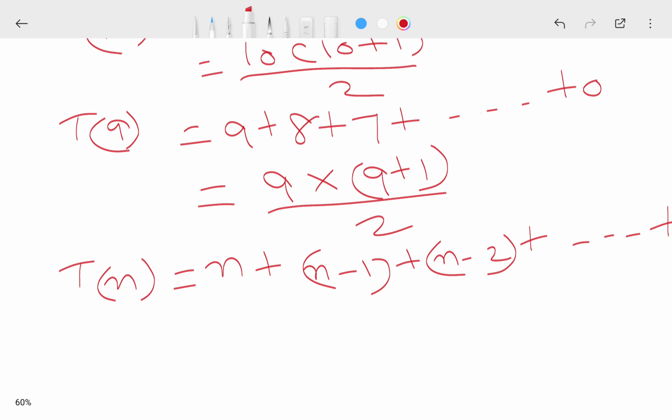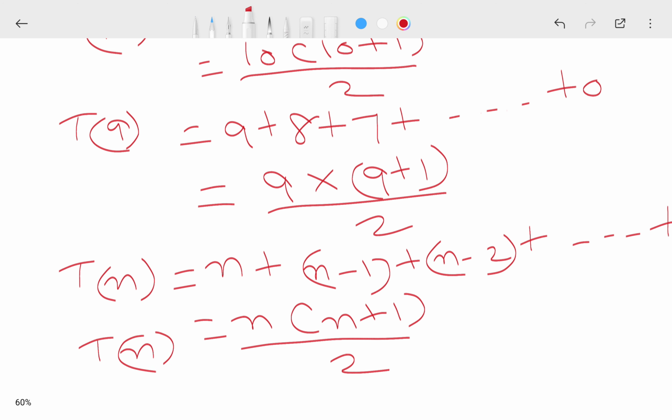So this is n into n plus 1 by 2. So finally we reduce the t of n value to n into n plus 1 by 2. This is somewhat closer to n square.